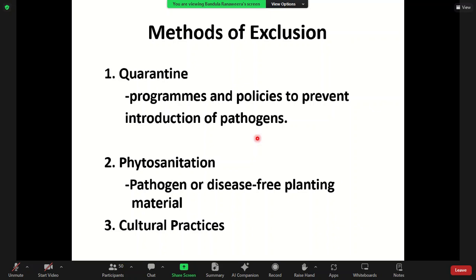There is a National Plant Quarantine Institute, which is responsible for taking actions to prevent the entry of plant pathogens and diseases into our country. Then there is another group of methods named phytosanitation. That means we keep our field and our plants free of plant pathogens.